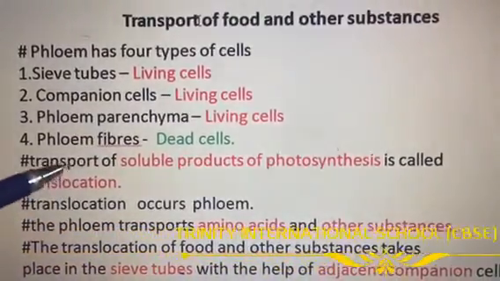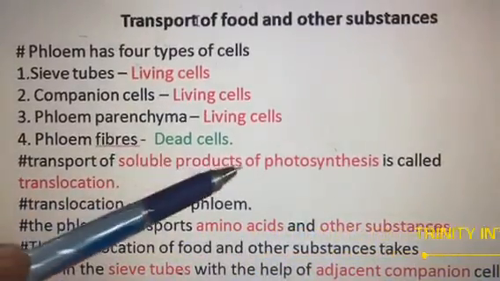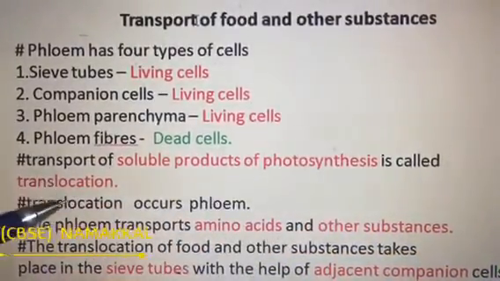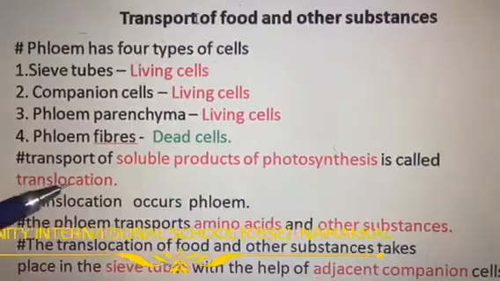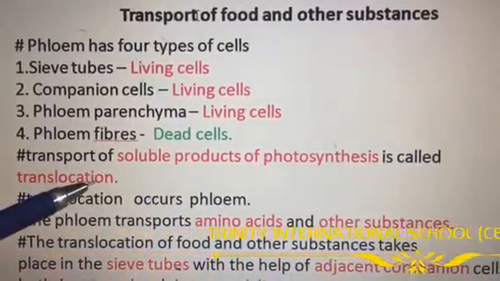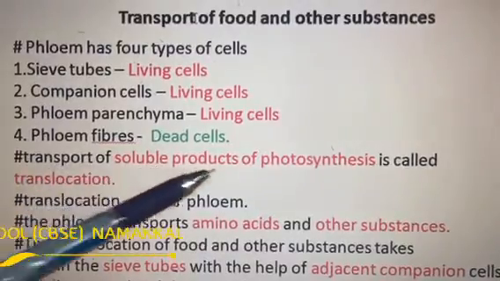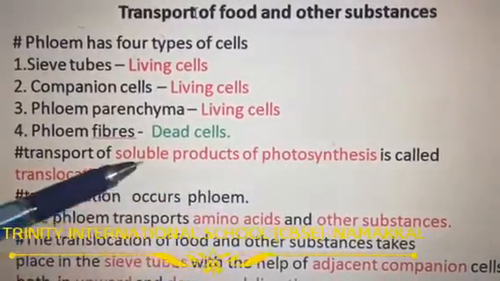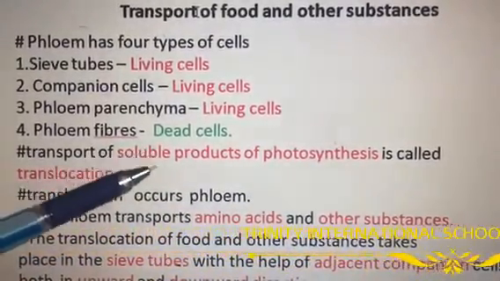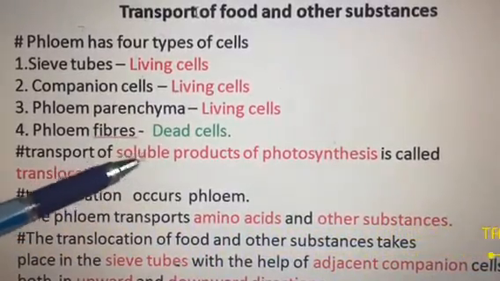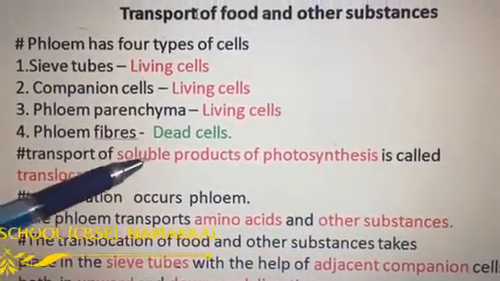Transport of soluble product of photosynthesis is called translocation. Translocation means transport of soluble product of photosynthesis. During photosynthesis, what will be produced? That means glucose or sucrose.